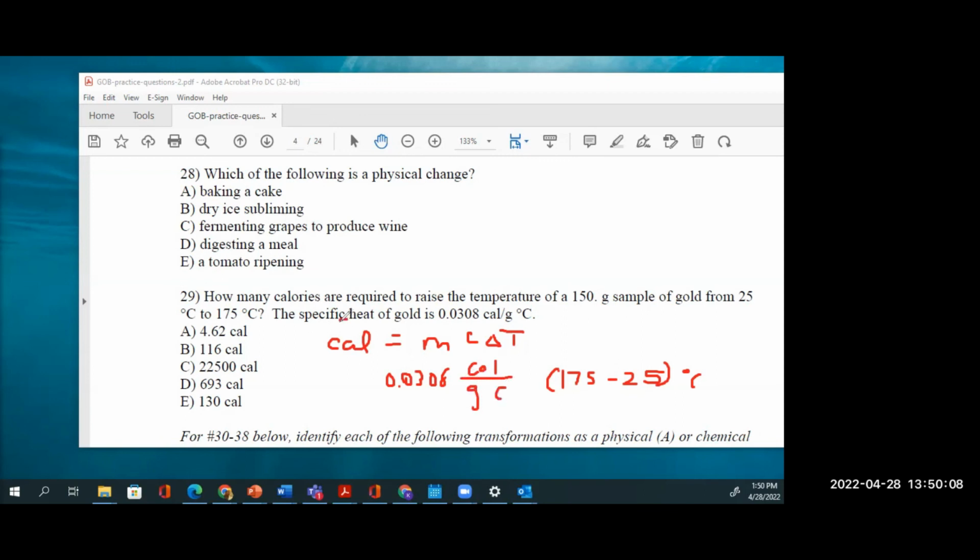And actually, Q is what we use for the symbol for calories. It's energy, essentially. So instead of saying calories, I should say Q. And then we multiply it by the mass. What is the mass? It's 150.